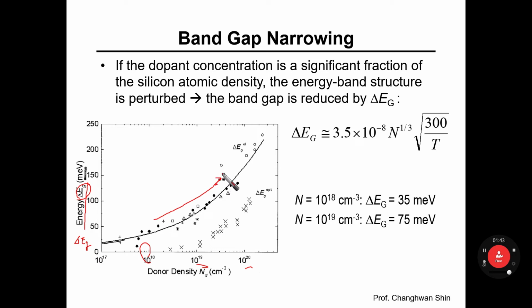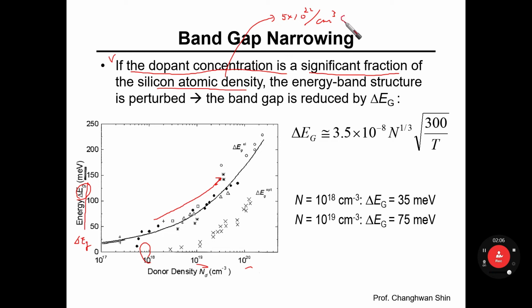As described here, consider when the doping concentration is a significant fraction of the silicon atomic density. Let's remember the value of the silicon atomic density. What was it? Yes, 5 times 10 to the 22 per cubic centimeter.